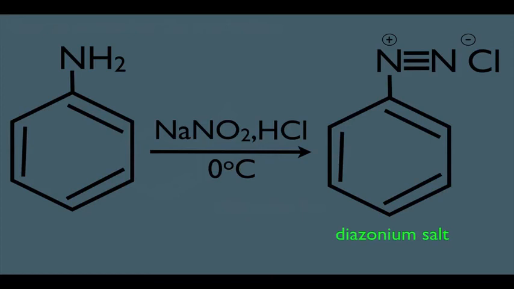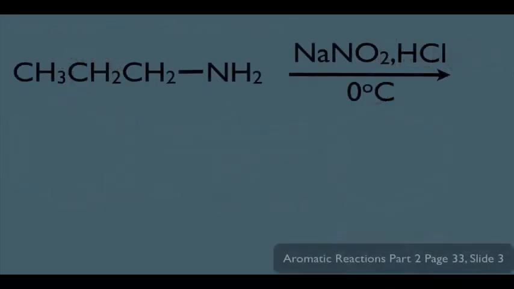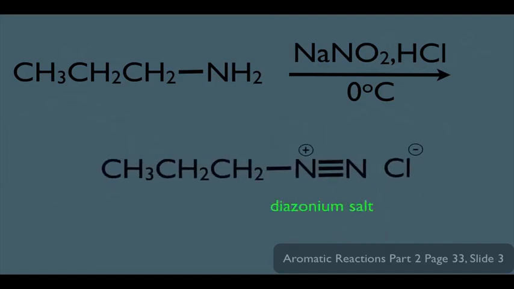Now, some other things I'd like you to know here just in case is that you don't have to have a benzene ring to make a diazonium. For instance, this is just a simple alkylamine. Notice if I use the same reagents right here, NaNO2 and HCl, you can actually turn the NH2 group into the diazonium salt. So again, the benzene ring is not necessary for this reaction to take place.